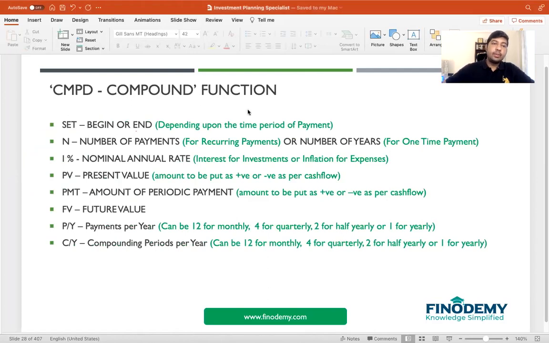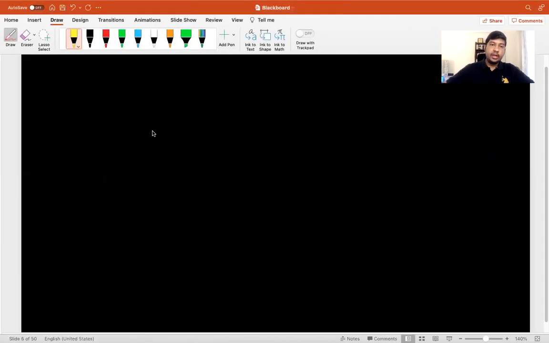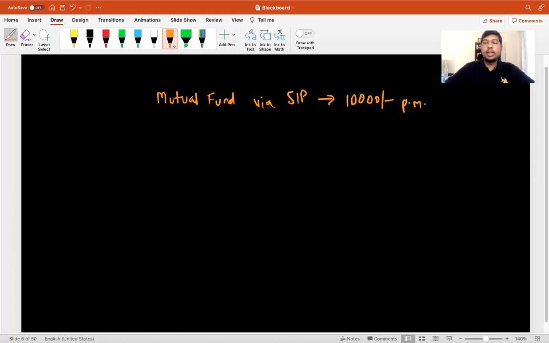Next is PMT. PMT is the amount of periodic payments. Again, here, depending upon whether it is a cash inflow or a cash outflow, we either put it as positive or negative. Meaning, suppose you're investing in a mutual fund via SIP, an amount of 10,000 rupees per month.